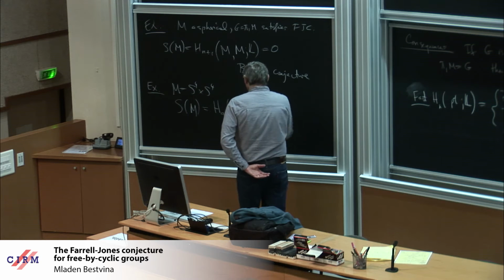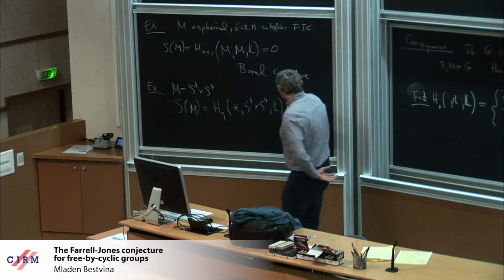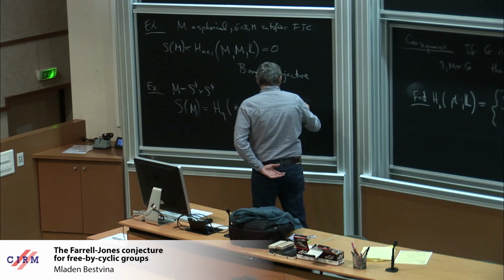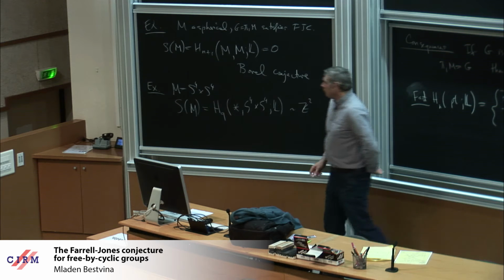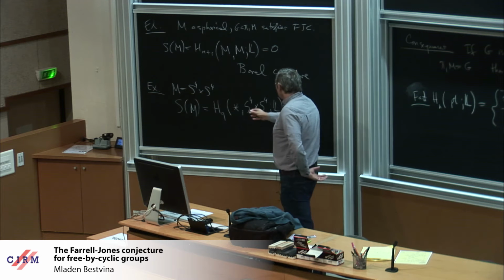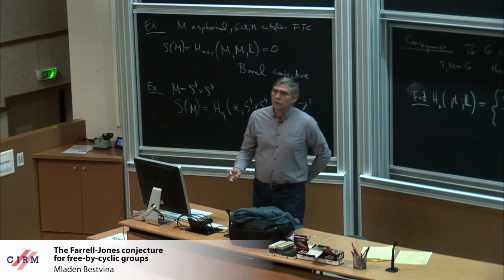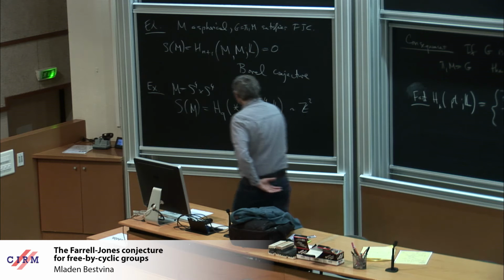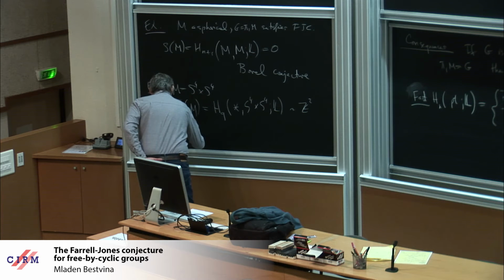And I don't actually know exactly what it is, but modulo torsion, it's something like Z squared. Okay, so there are manifolds homotopy equivalent to S4 cross S4. They're not homeomorphic to S4 cross S4. So this is really, I guess, I could say Sullivan's thesis.